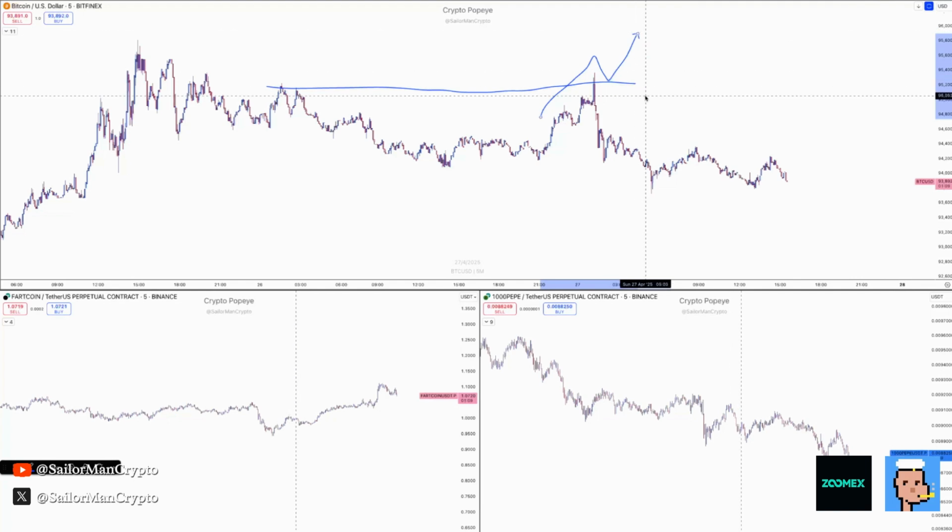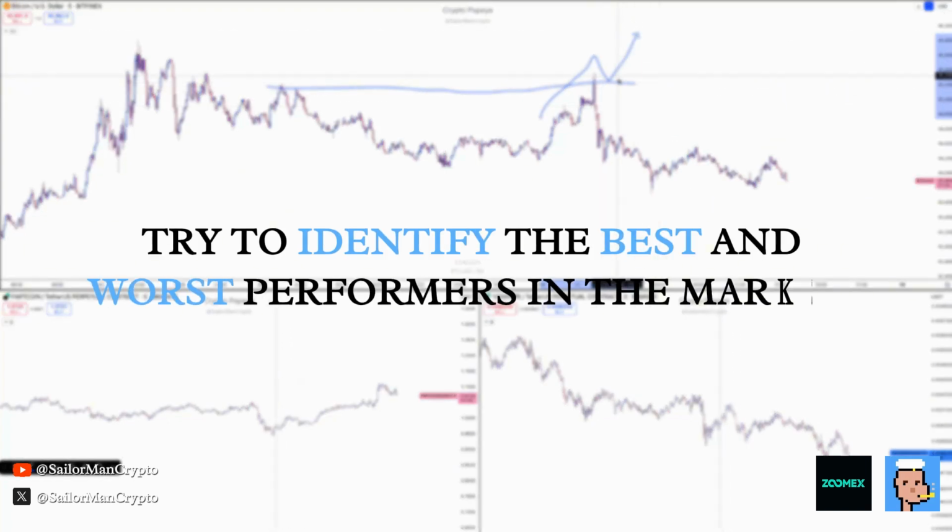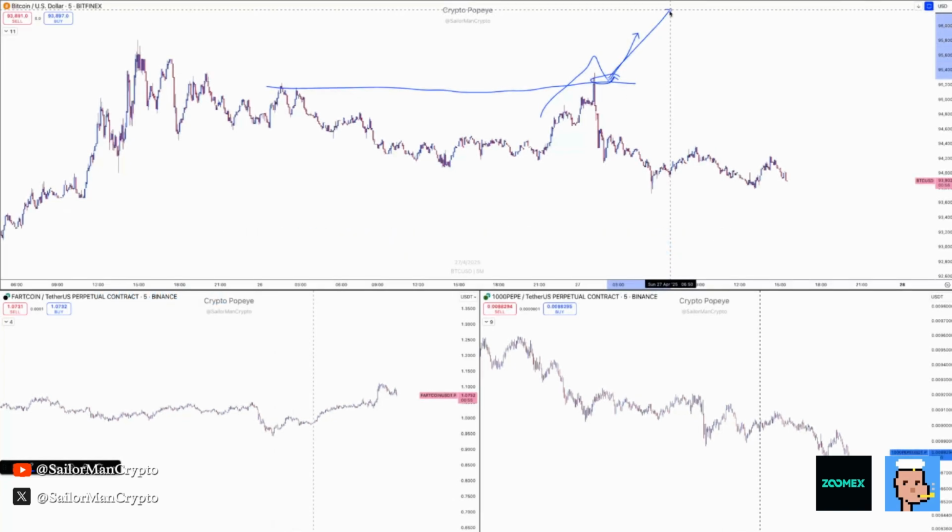In that case, you will look in your spaghetti chart for the strength in the market, looking at what are the best performers on the spaghetti chart, and you will try to long, for example, in this retest of Bitcoin, the stronger coin that will potentially give you a higher return compared to Bitcoin first and secondly to the other coins.